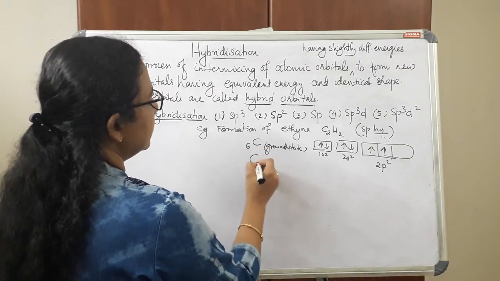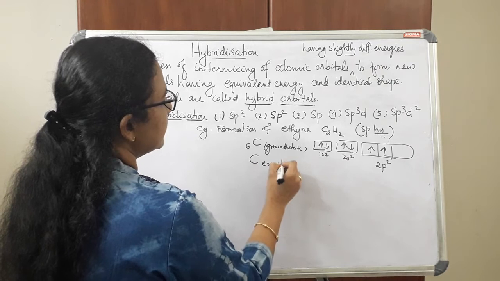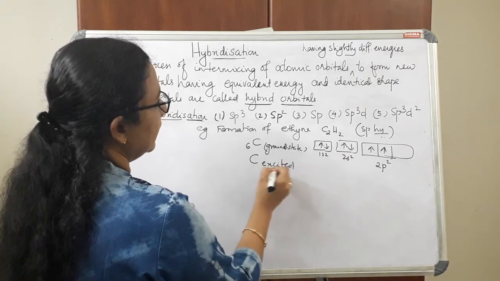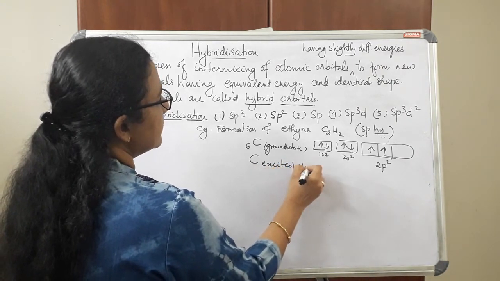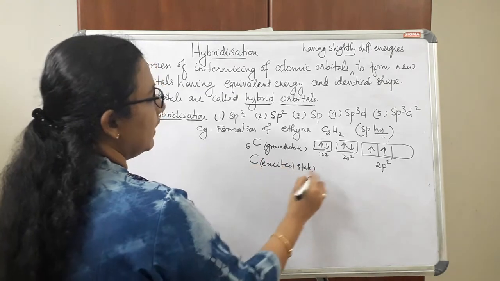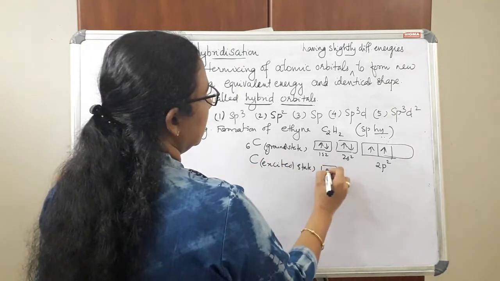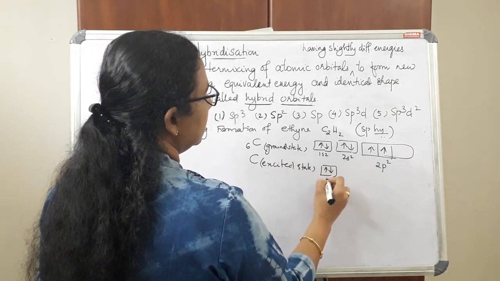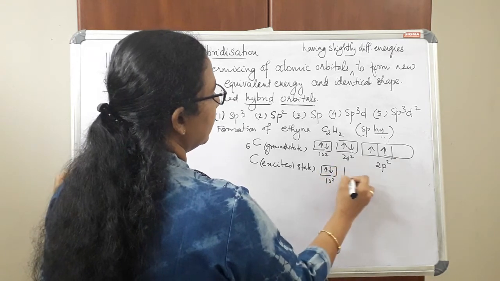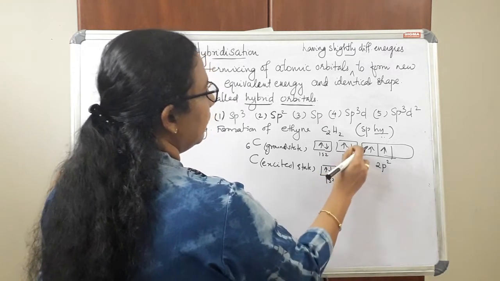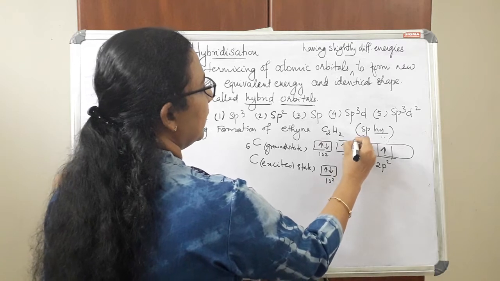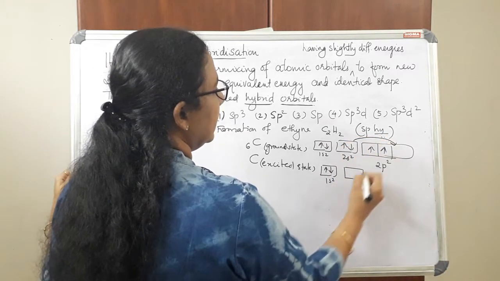Now the excited state. Before hybridization there is an excitation of an electron. So in the excited state the carbon atom has a different configuration. This is 1s2 itself. Here one electron is promoted from the 2s level to the 2p level.